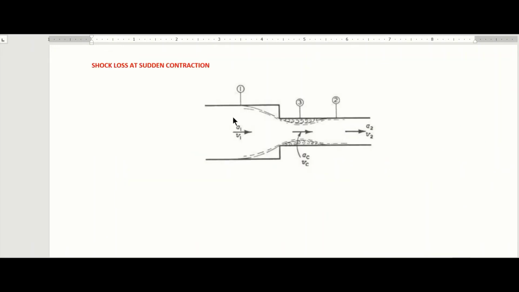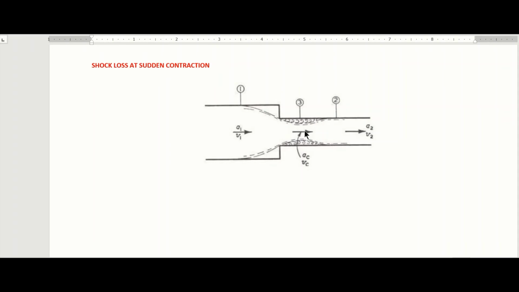So let's look at shock loss at sudden contraction. Here is a simple diagram showing us the loss of energy at sudden contraction. Sudden contraction is when the pipe suddenly contracts, as you can see at point 3 and point 2. In sudden contraction, the flow converges to form a vena contracta at section 3, as you can see on this diagram.